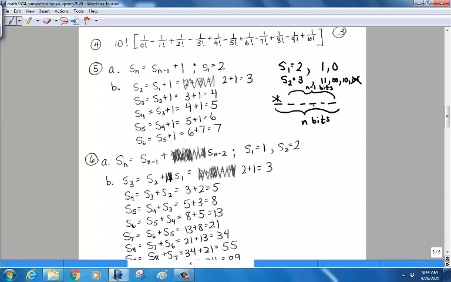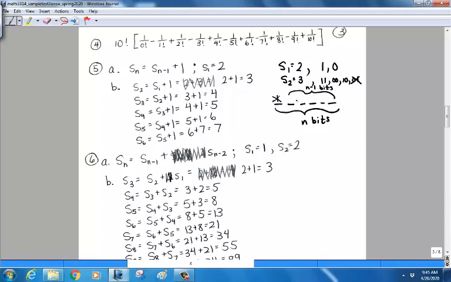The answer is S sub n minus 1, by our definition in our recurrence relation. So we know that the strings of length n that don't contain 0, 1 are at least as many as the strings of length n minus 1 that don't contain 0, 1.